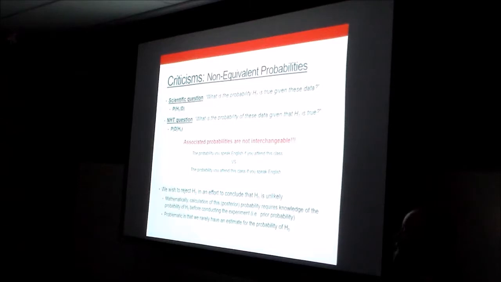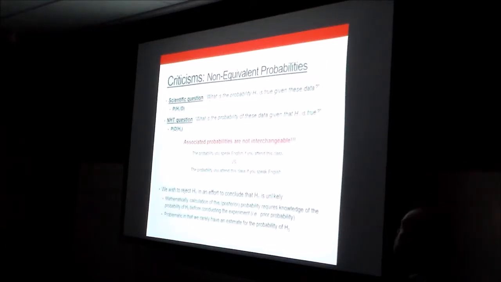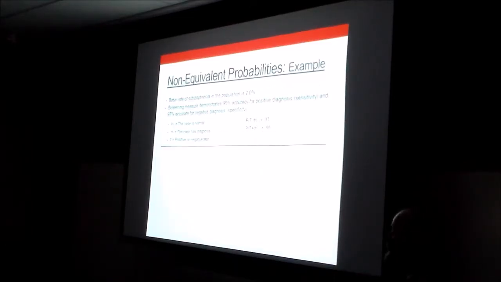But the problem is we typically don't have an estimate of the probability of the null hypothesis in actual science, right? But we can take an example and show why this problem of non-equivalent probabilities falls apart if we use actual data where we do know the prior probability of some event.